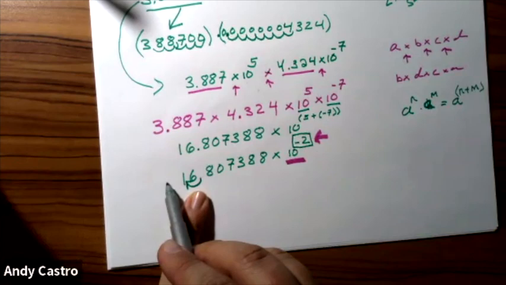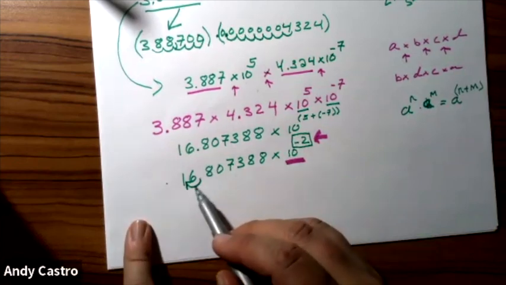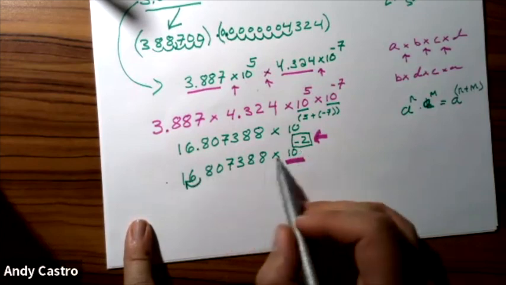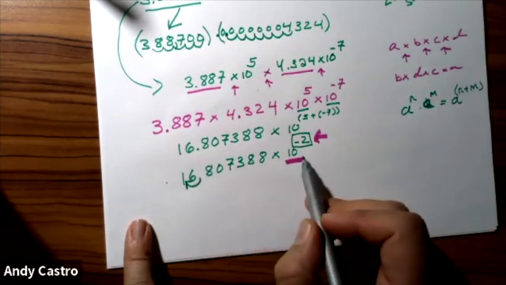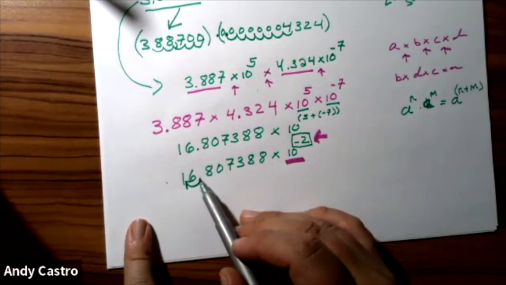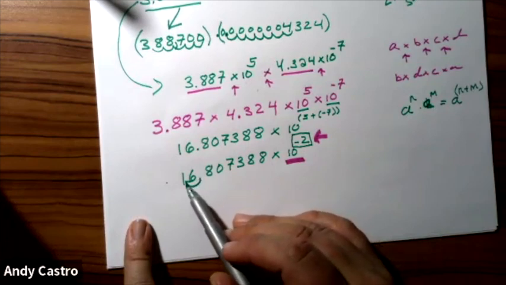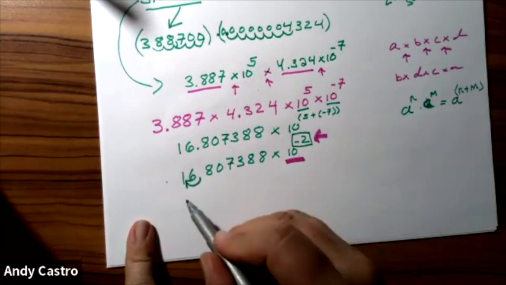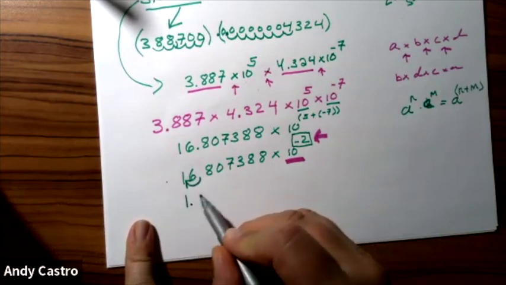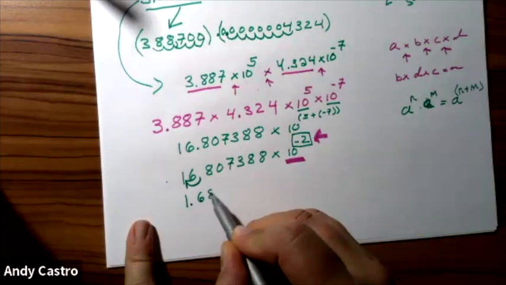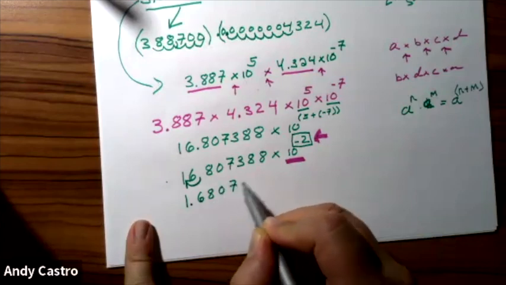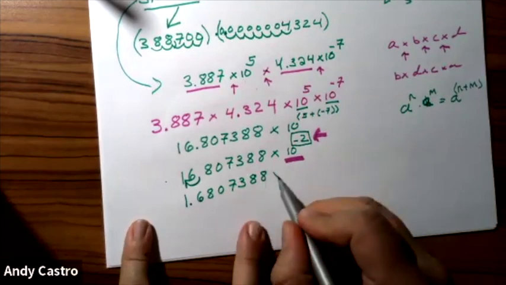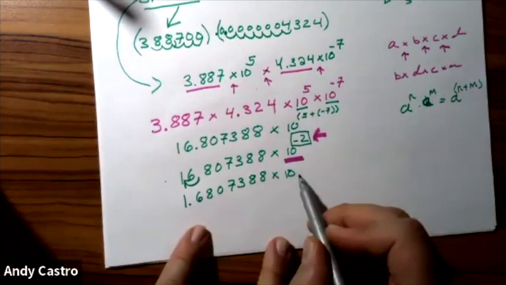So if I'm moving this 2 to the left in order to convert this back to a regular number, then if I move it to the left 1 in order to put it in scientific notation, 1.680738 times 10, what goes here?